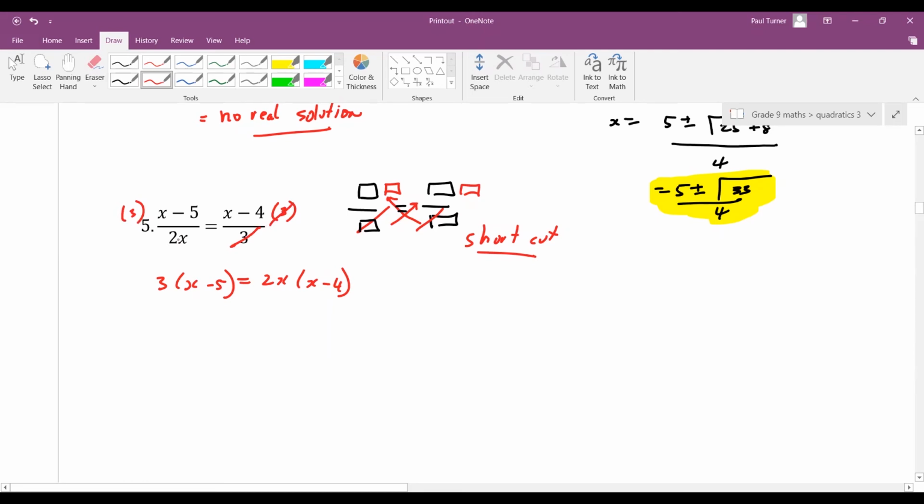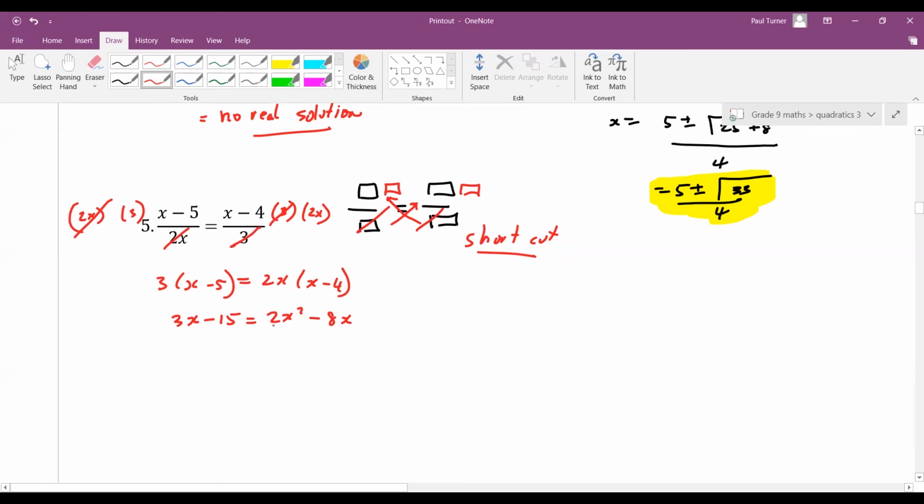Okay, and then you've got 2x here, so we use that multiplied to both sides. Like that. You see, you get the same thing. So there's 2 ways that you can do this problem. But the quickest way is just cross multiply. So 3 times x, 3x minus 15 equals 2x squared minus 8x.